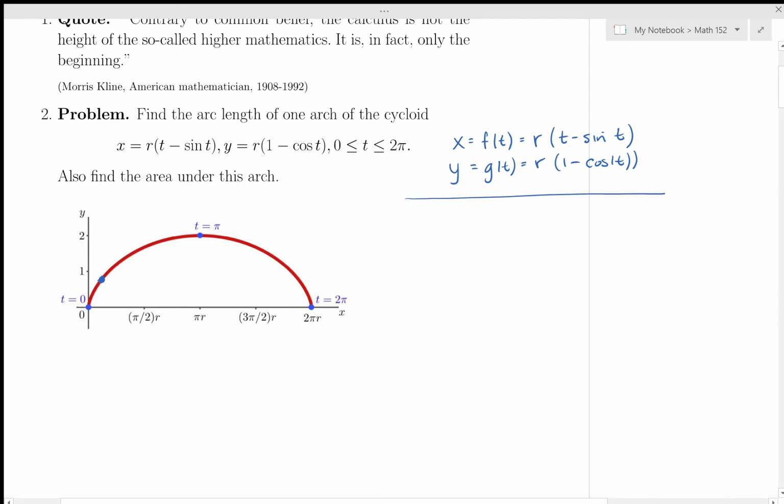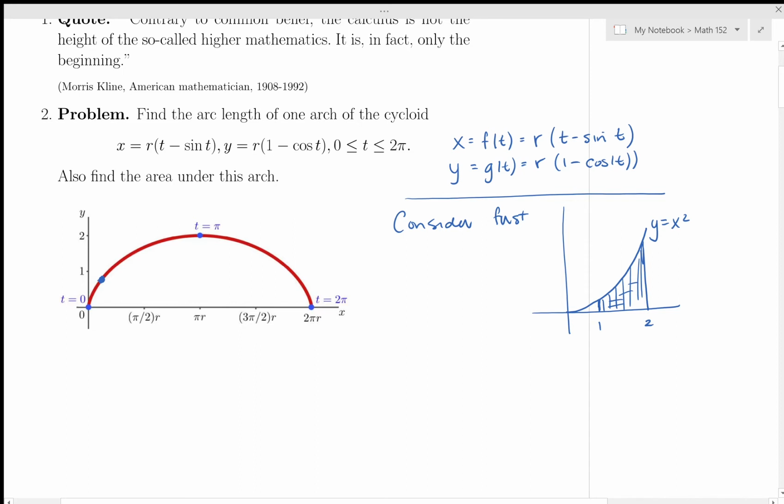So consider first this problem. We have a parabola, and we wish to know the area between 1 and 2. We want to calculate this area right here, and we know how to do that already.